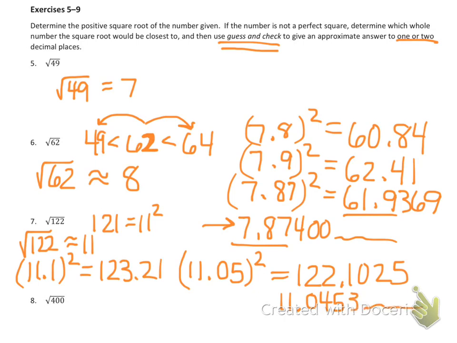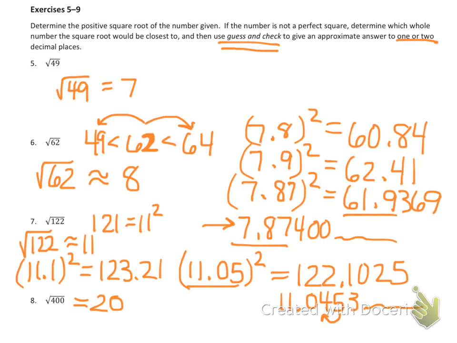So this would round up to 11.05 in the hundredths place. Okay, so I found both of those accurate to the hundredths place just by using guess and check, not by using the square root button on my calculator. Okay, so square root of 400. Do I know what the square root of 400 is? Is it a perfect square? Well, 20 times 20 is 400, so square root of 400 is equal to 20. So that was an easy one.